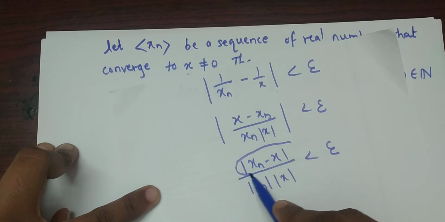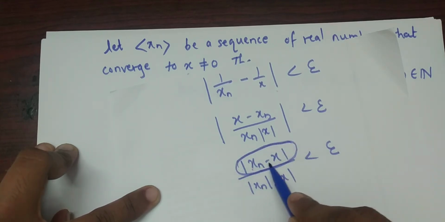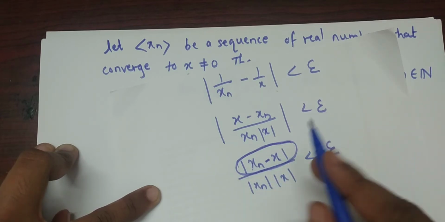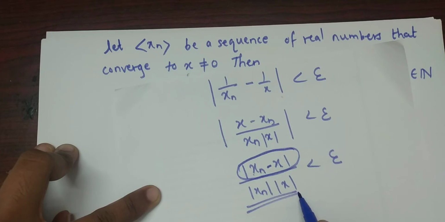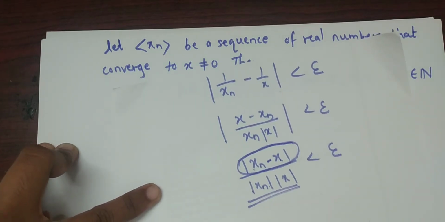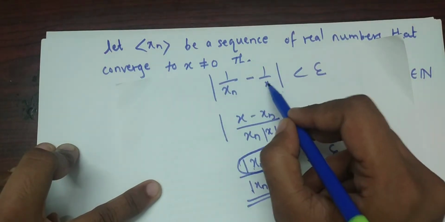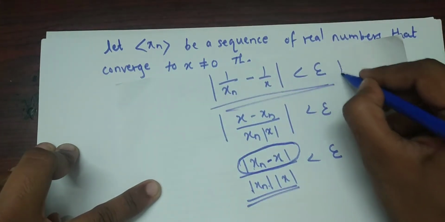In the numerator, they have given that xn converges to x, so we can easily show that mod xn minus x is less than epsilon. We have to show that mod 1 upon xn minus 1 upon x is less than epsilon.